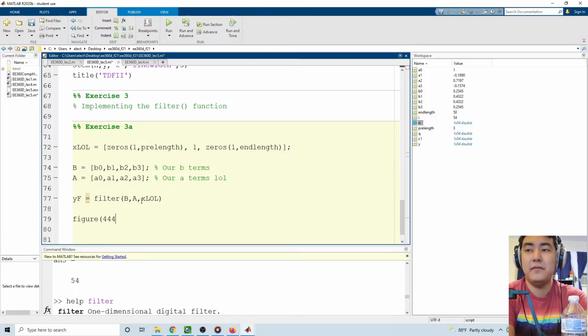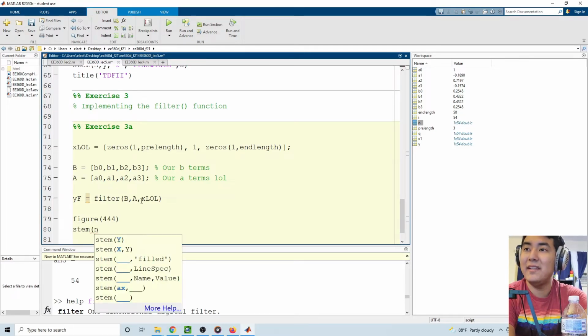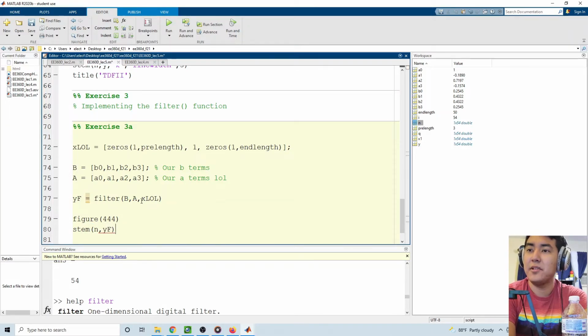Figure, stem N and YF. I don't know if that's going to work.